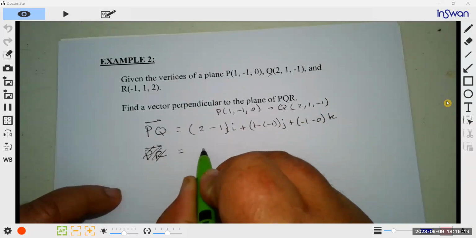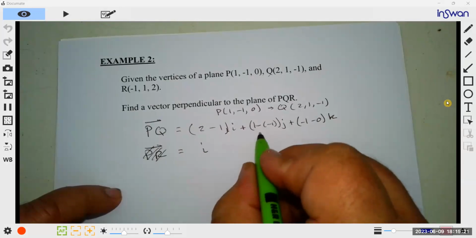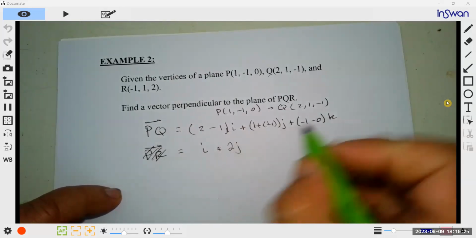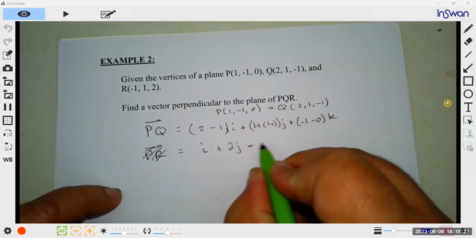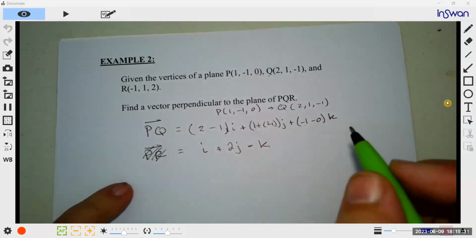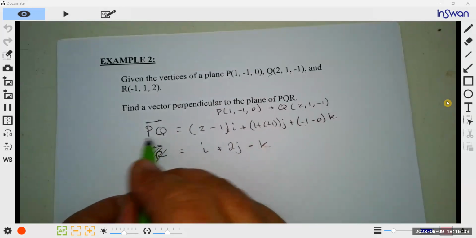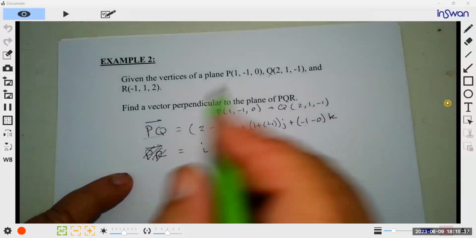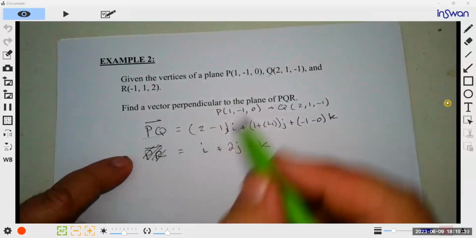This becomes i, this plus, so it's plus 2j minus k. All right, so that's the first vector. I'm going from P to Q.